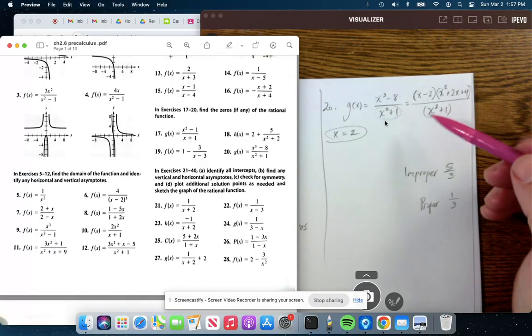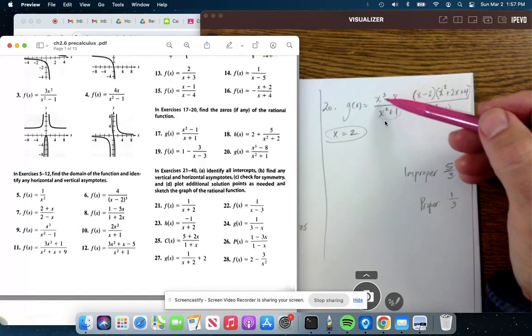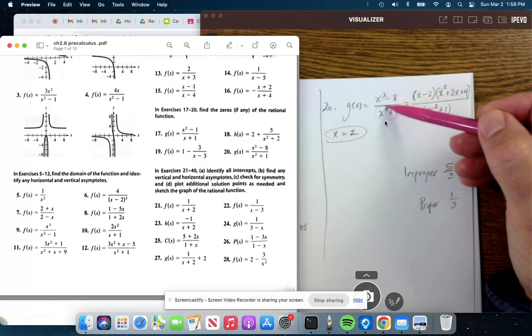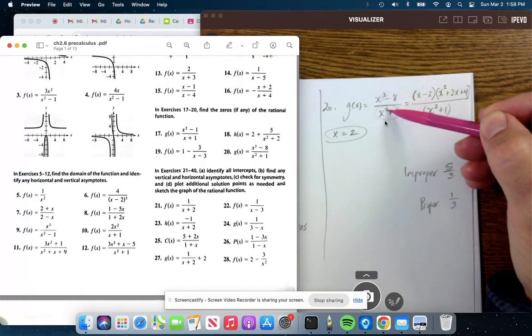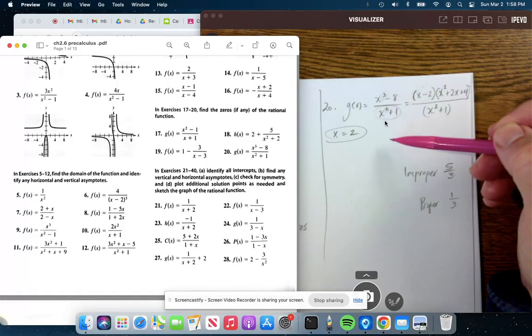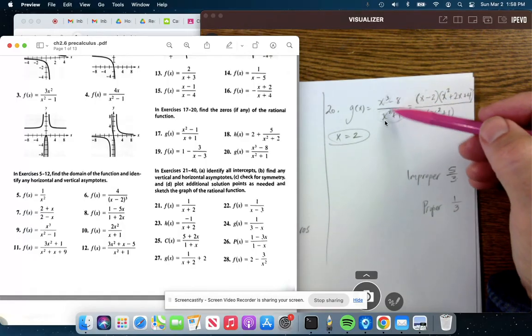All right, so in a sense, if you think about the degree of the polynomial, this is cubed, this is squared, so the degree of the polynomial which is the numerator is greater than the degree of the polynomial that is the denominator. So I'm going to call this an improper. And I know that in this case, when you have an improper fraction, you don't have any horizontal asymptotes.